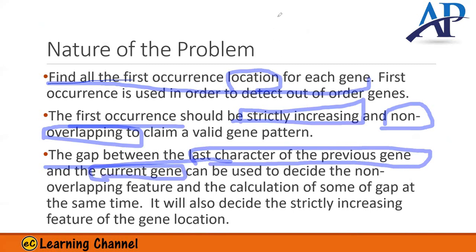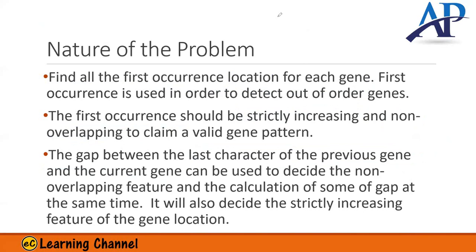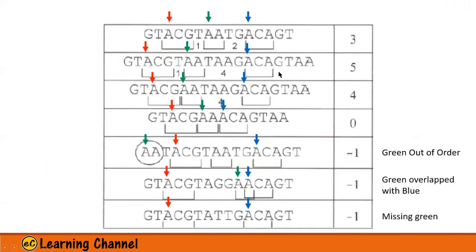Okay, so that's what we see here. So let's go into the example. For example, I have this ACG. The first occurrence of ACG is this. So it must be in red, green, blue order. If it is not, say this one, where green overtakes red, then that's not a good one.